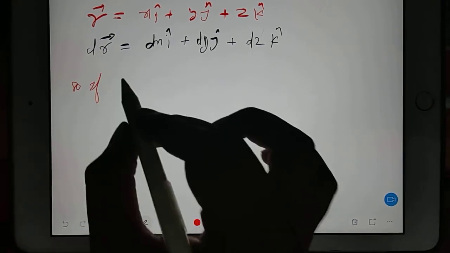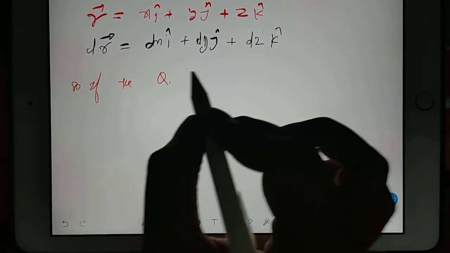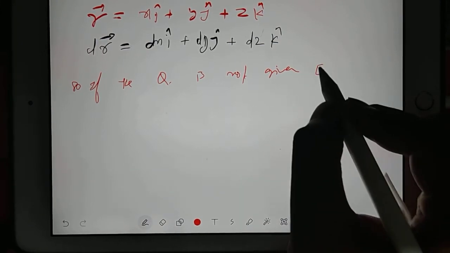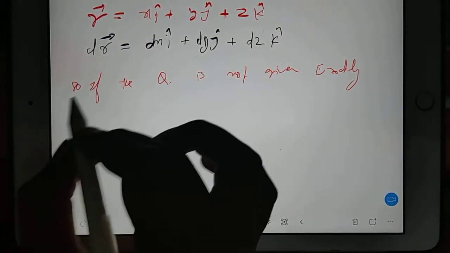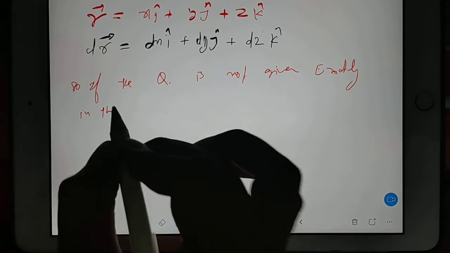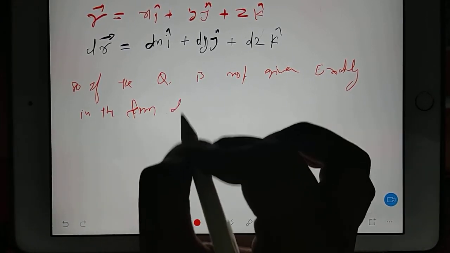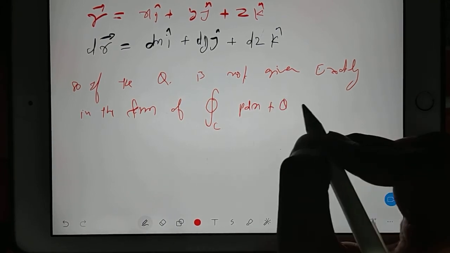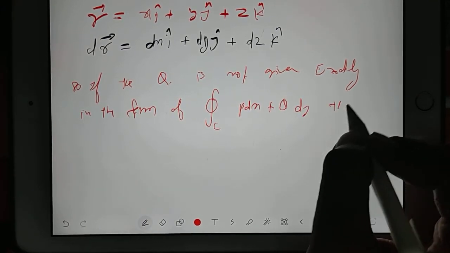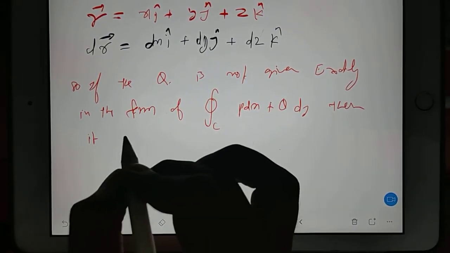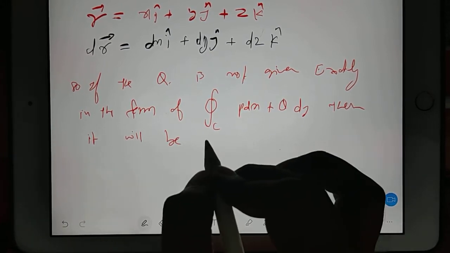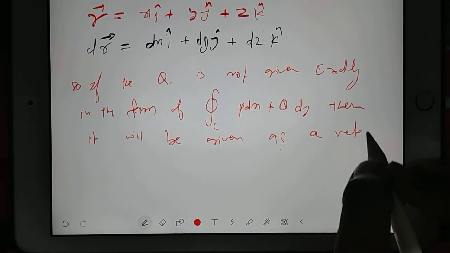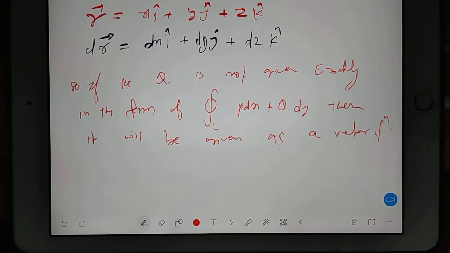So if the question is not given exactly in the form of the integral over C of P dx plus Q dy, then it will be given as a vector function.